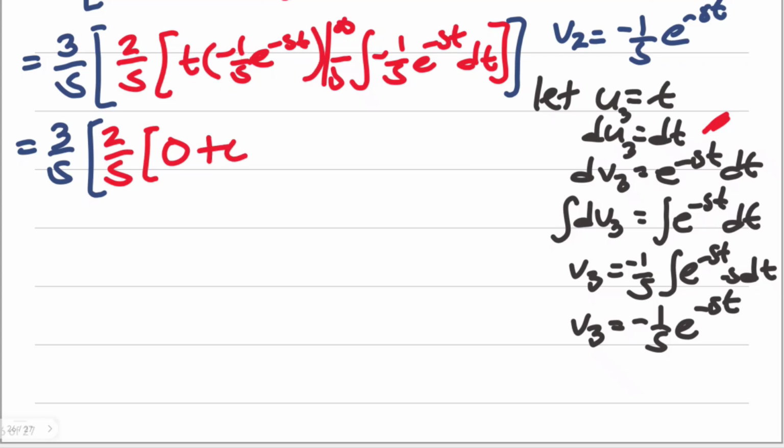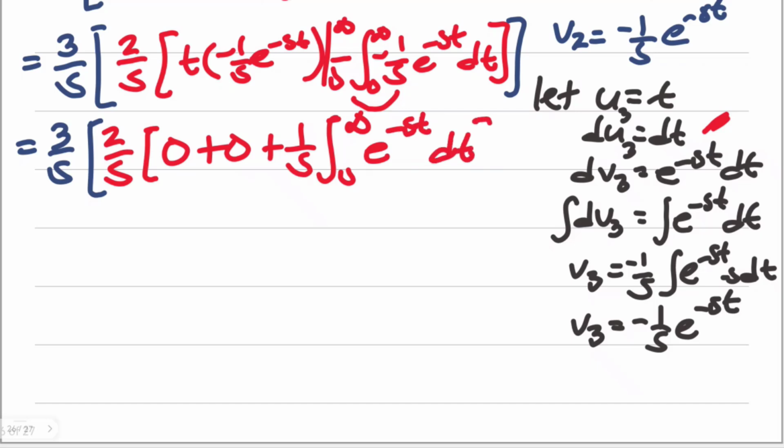So plus 0. This time, you can now factor this one here. So plus 1 over s. Okay? So you have 1 over s, then you have the integral from 0 to infinity of e to the power of negative st dt. Okay? So what we need here, just like this one, is another negative s.